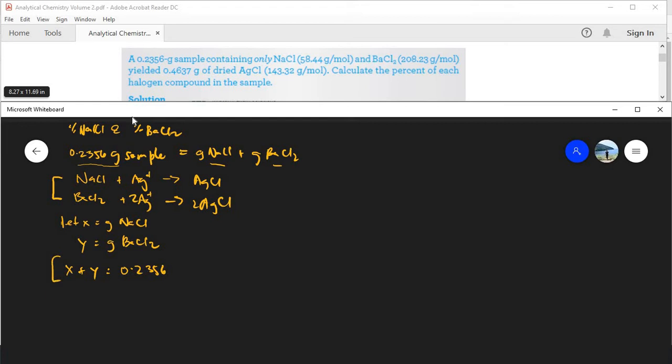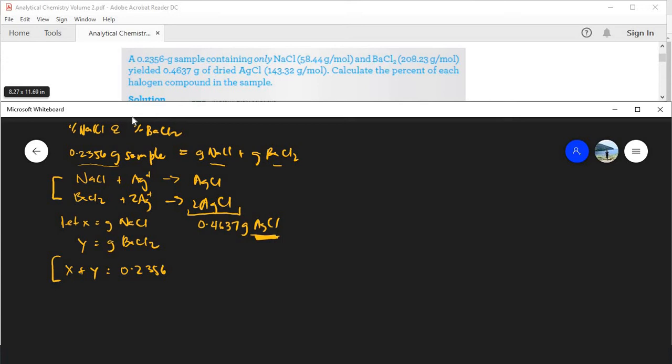Now, the mass of silver chloride is 0.4637 grams. This is the total silver chloride that came from sodium chloride or from barium chloride.